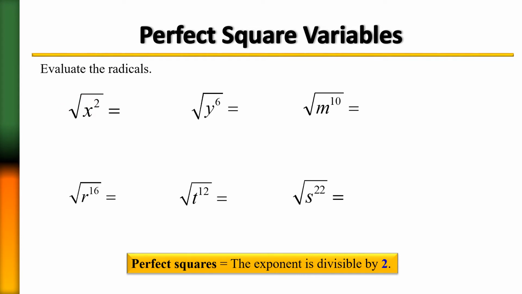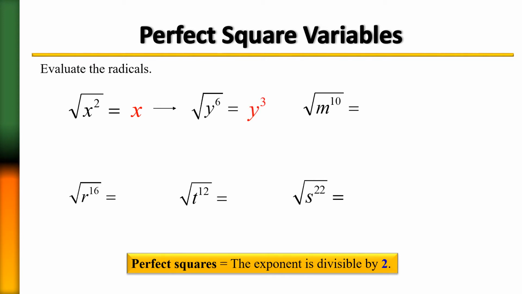So 2 divided by 2 equals 1, so the answer is just simply x. Moving on to the second one, again, the exponent of the variable is divisible by 2, the index. So 6 divided by 2 equals 3, so it equals y to the third power.